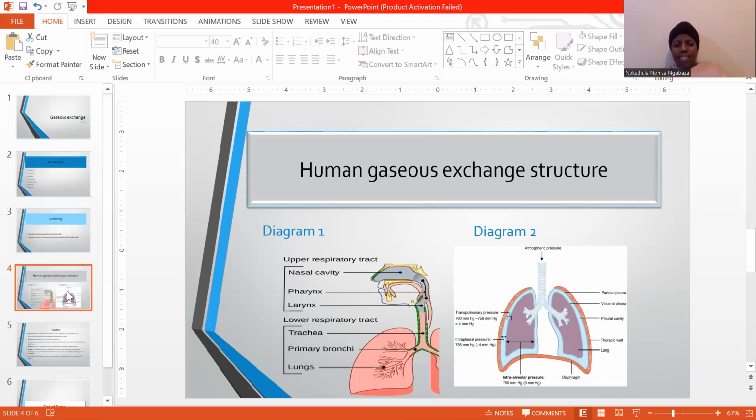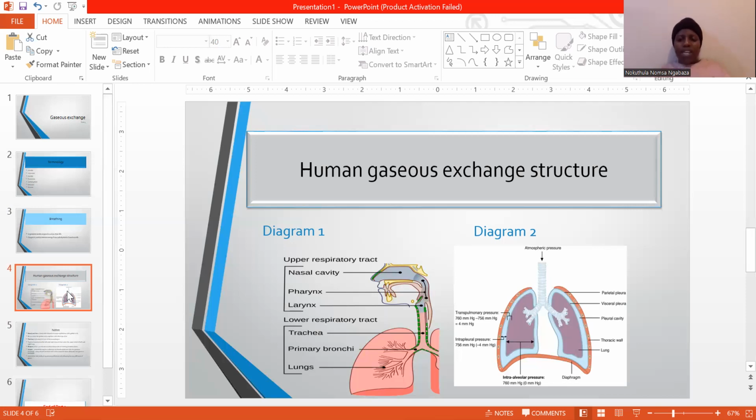At the same time, the body cells, when they receive oxygen, also release carbon dioxide. The lungs receive the carbon dioxide from the body cells, and it is the responsibility of the lungs to expel it to the outside of the body.